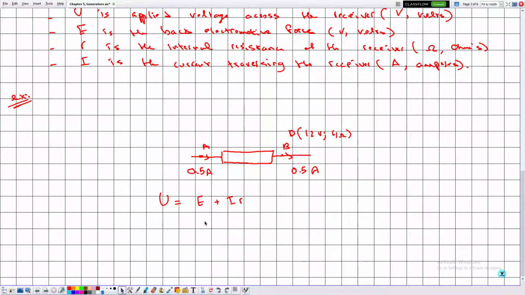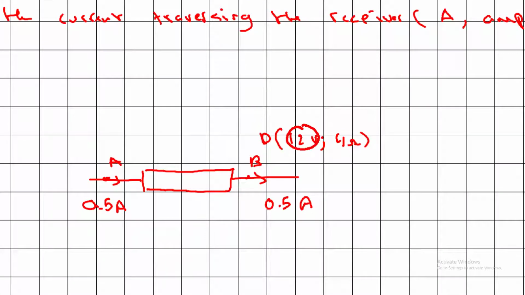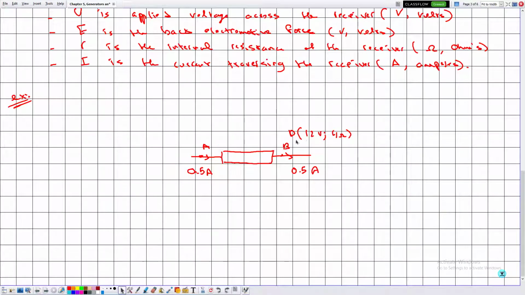Suppose we have the following electric component, and we know that this electric component is classified as a receiver, and we are interested in determining the voltage AB. It's completely wrong here to write that the voltage AB is given by 12 volts because this has an internal resistance. Then we can apply Ohm's law to it.